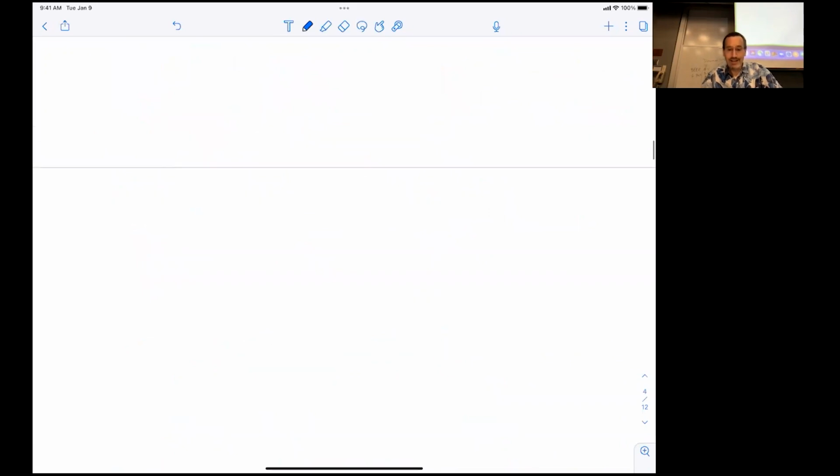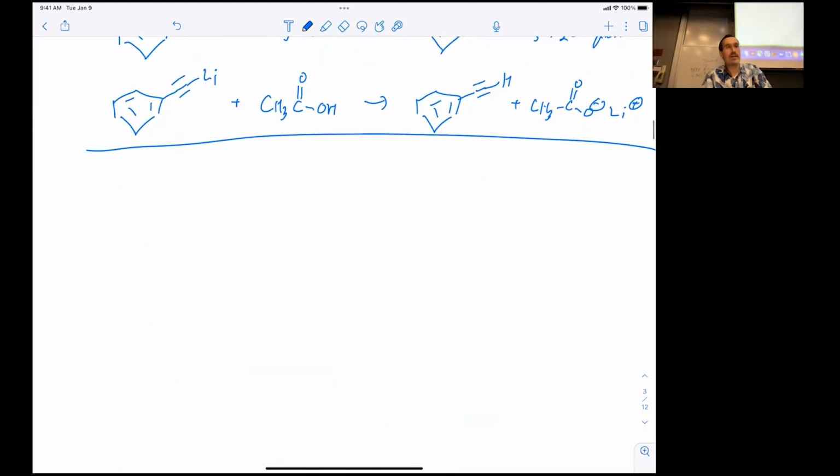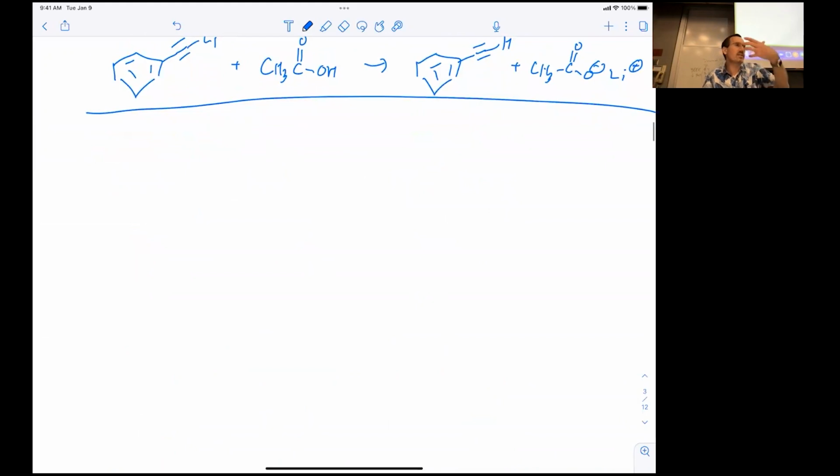All right, let us now move on to the idea of building up organic molecules. So one of the powerful things about organic chemistry is you can start with very simple molecules and make complex molecules. So I'm going to write a question that would be very typical of what I might write on an exam, but not because an exam is about testing, but because this is about thinking processes.